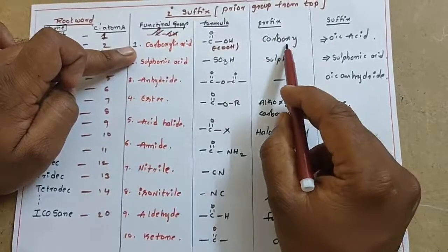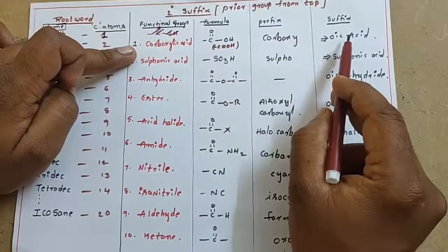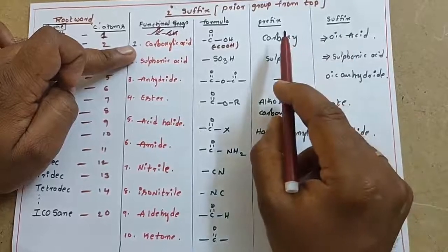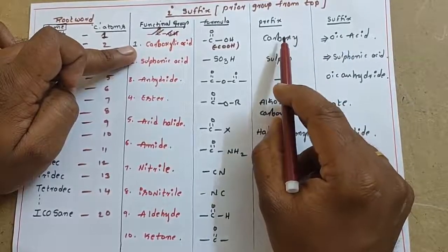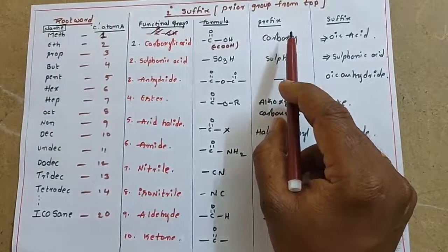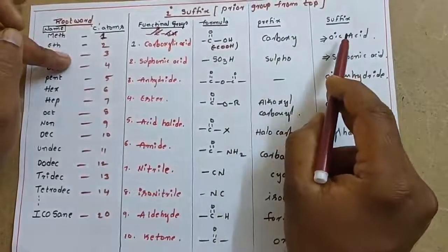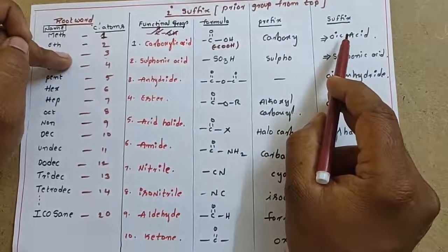There we call the prefix, and the suffix is called oic acid. You already know the meaning of prefix: what we write before the root word is called the prefix. What we write after the root word is called the suffix.